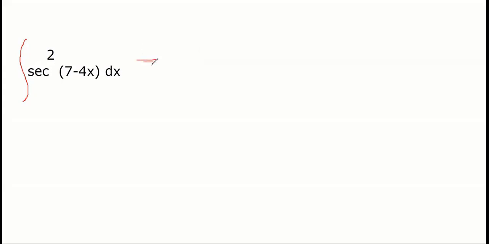for this, sec square x is the differentiation of tan x. We talked about it. That's why first you get tan of the same thing. We know that.